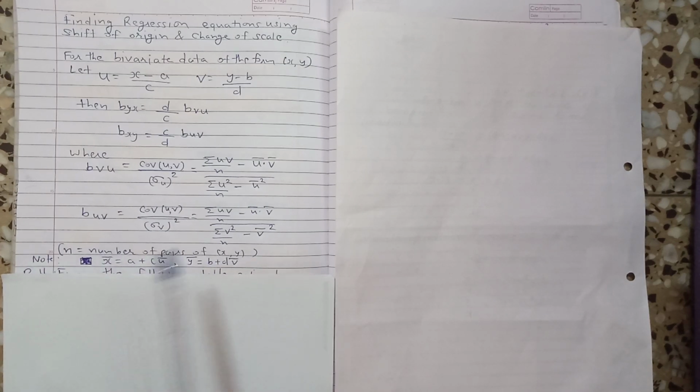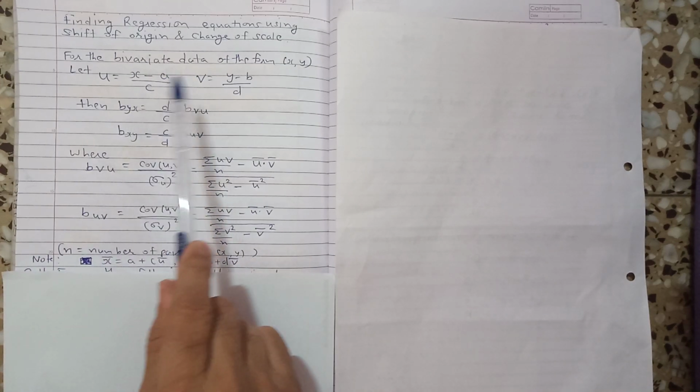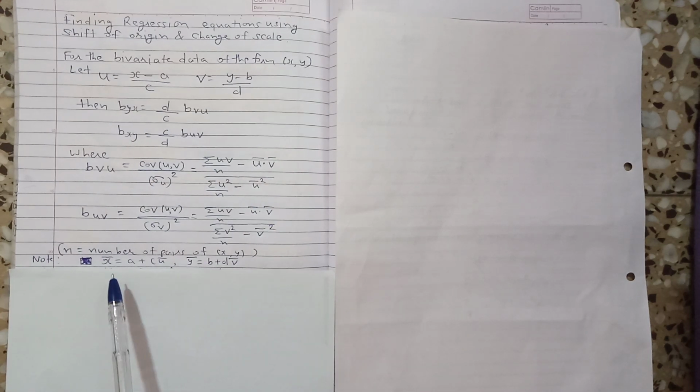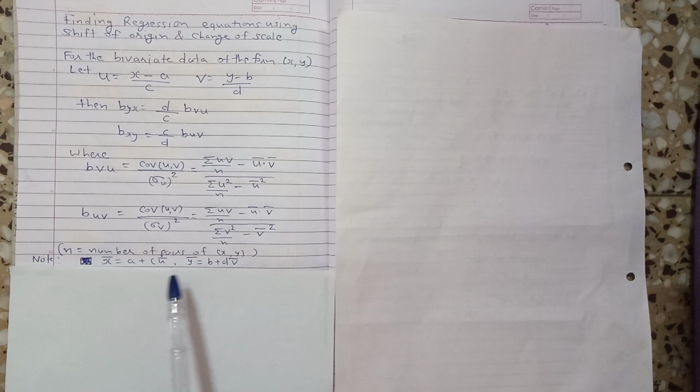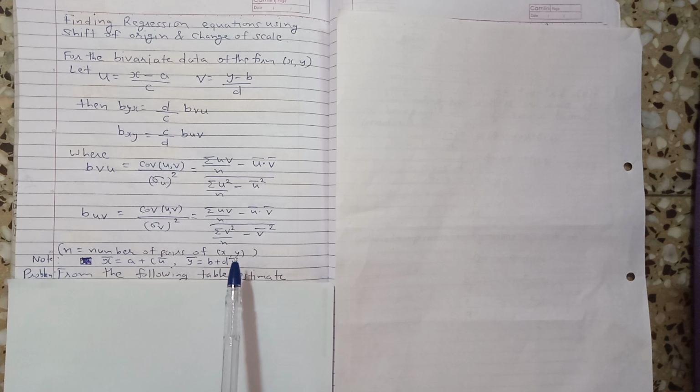Note that when shifting the origin and changing the scale, the arithmetic means of x and y are also related to u bar and v bar: x bar is equal to a plus c u bar, and y bar is equal to b plus d v bar.